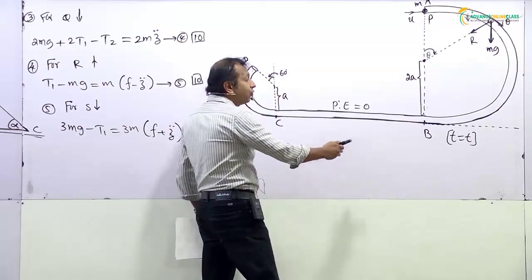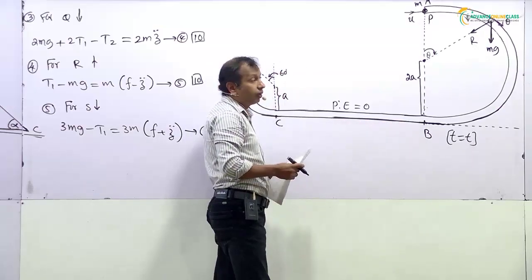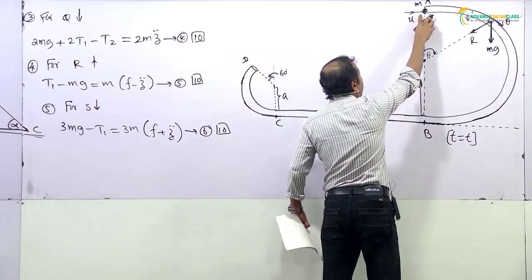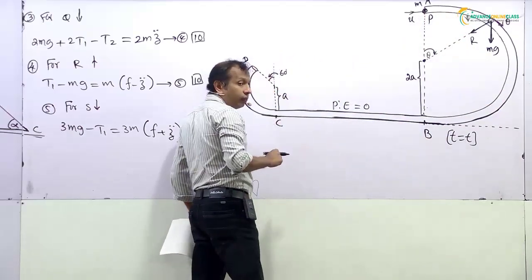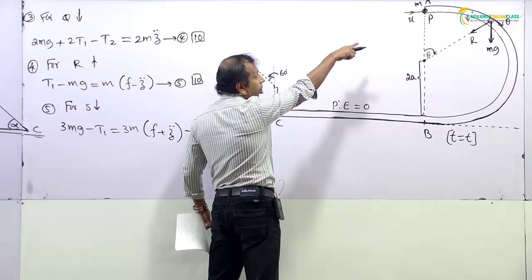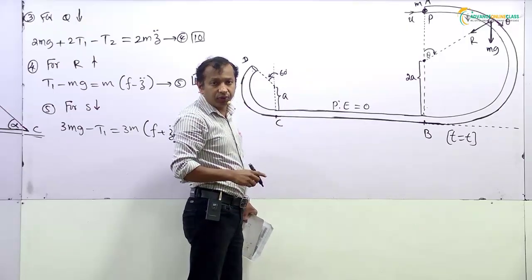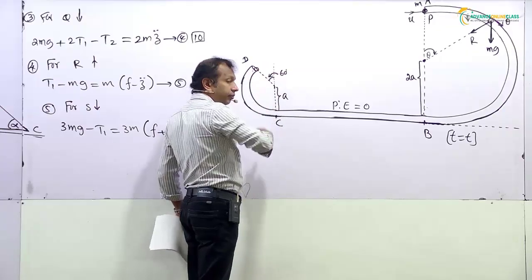Right. If this is also smooth, when the particle is projected from here, this is smooth now, this is smooth now, this is smooth now. At that moment, the total energy of the particle P, with this whole system smooth, the same total energy the particle will have here.